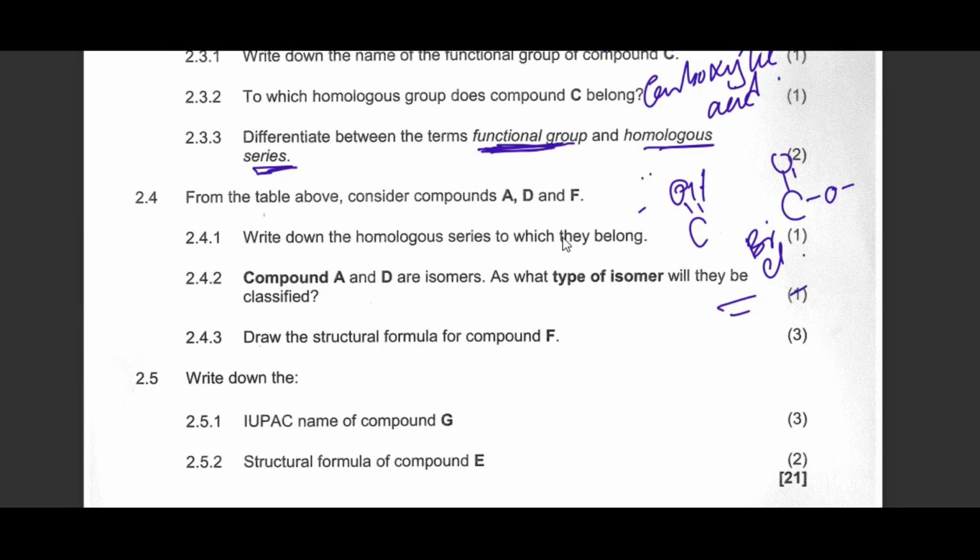And then a homologous series can be described as compounds with the same general formula, but the members differ from the next by CH2. They have the same general formula, but the members only differ by CH2.